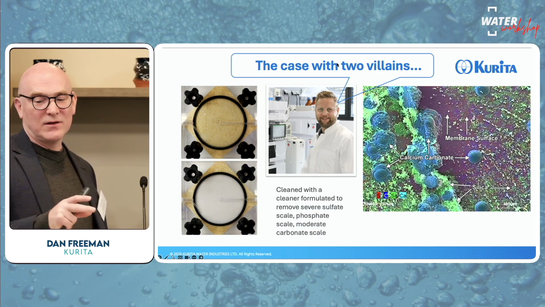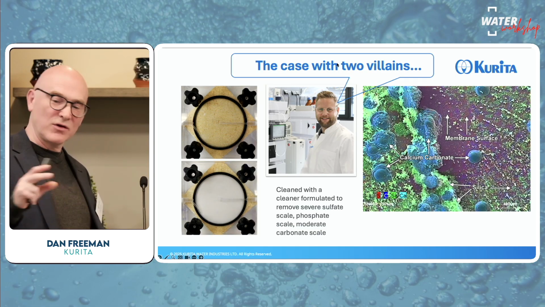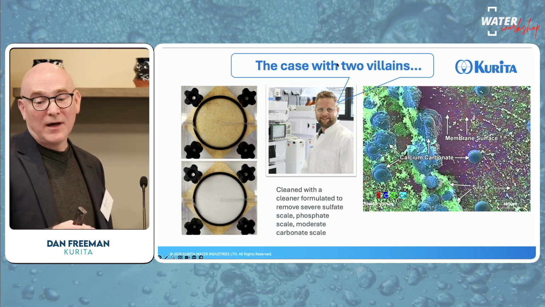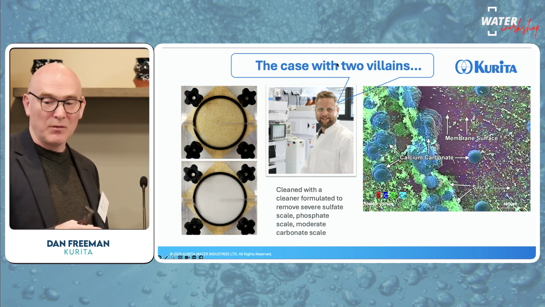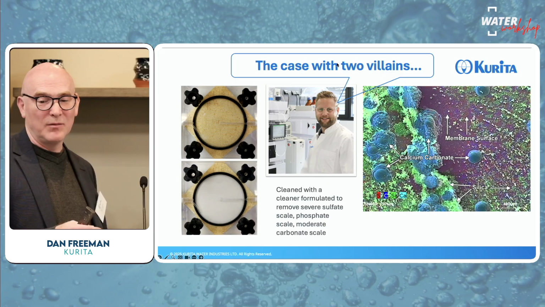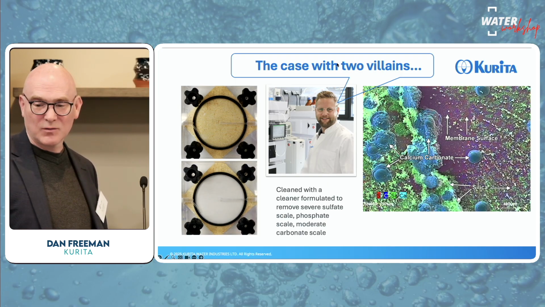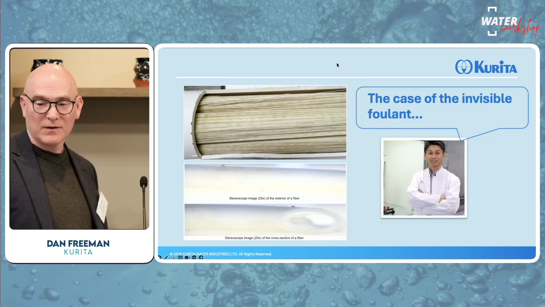So we need to approach those two different problems in a different way in terms of cleaning. And once we can see what the issue is on the membrane surface, then obviously we have a better chance of cleaning the system up. And again, you can see we're able to recover this particular system very visually again with the cell tests.